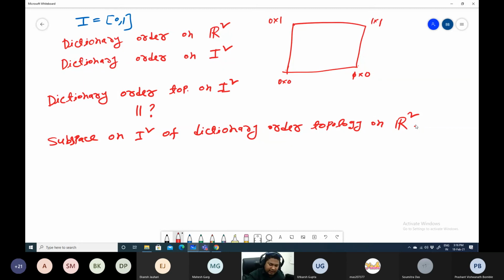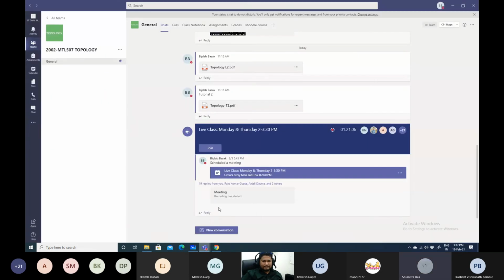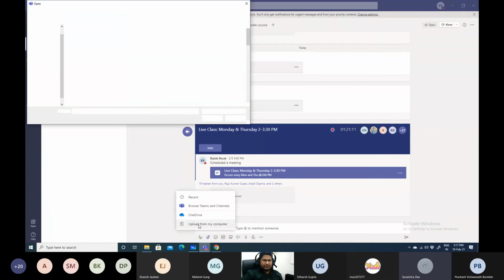And directly take the dictionary order topology on I2. Are they the same or different? I think no. No, sir. Okay, so can you give an example? Can you try to give?